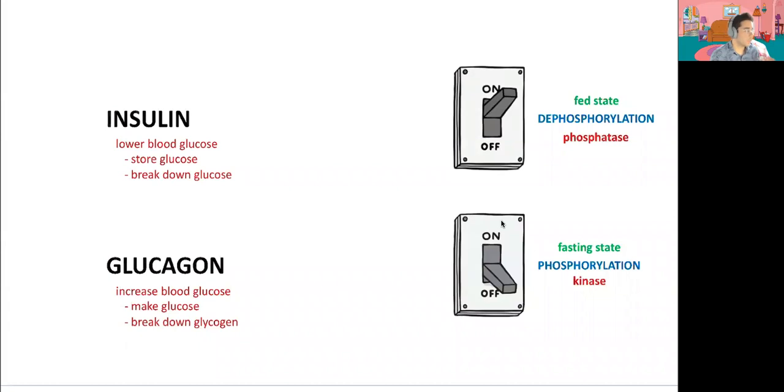So what you want to do is make sure insulin takes all that wonderful glucose floating through your circulatory system, and starts either storing it or breaking it down into energy usable states. How does this happen? It first dephosphorylates a whole bunch of enzymes. And I'll show you exactly what those enzymes are for each of the pathways.